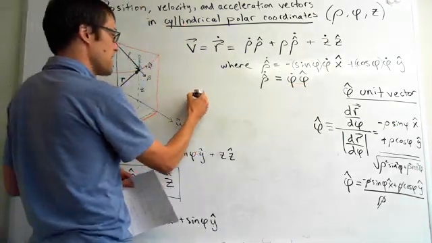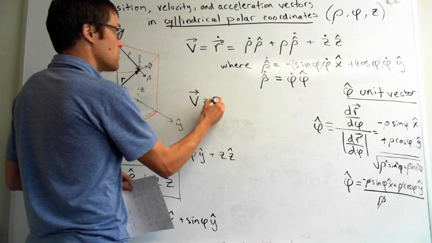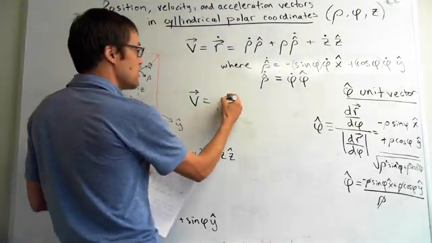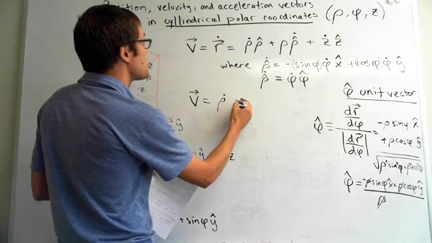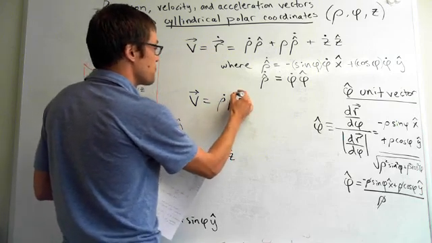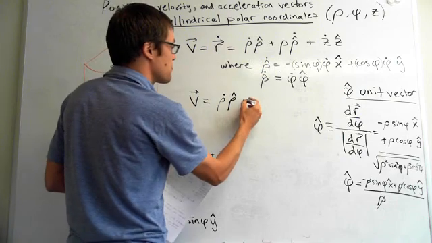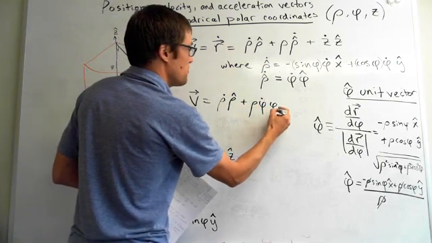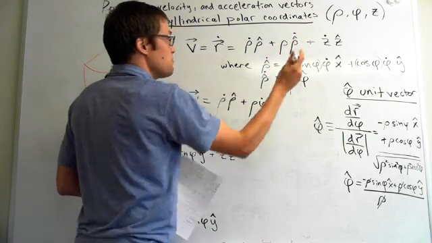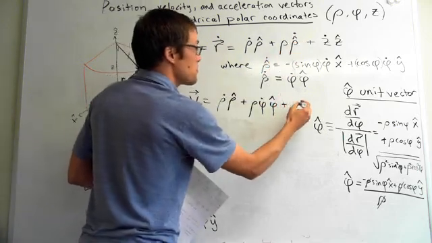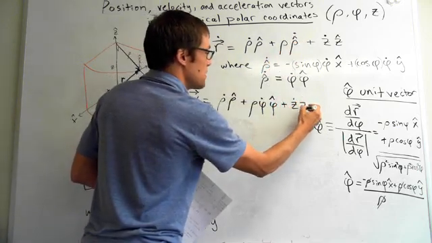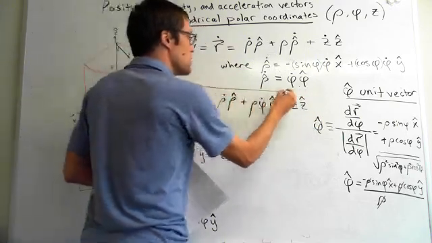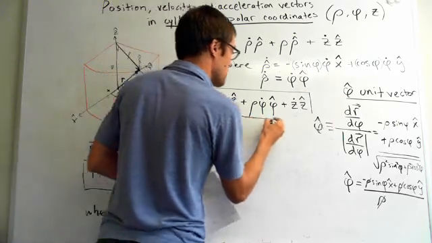All right, so there we have now an expression for the velocity in these cylindrical polar coordinates. That's rho dot rho hat, this term, plus rho phi dot phi hat, that's this term, plus z dot z hat, that's that last term. So there is the velocity.